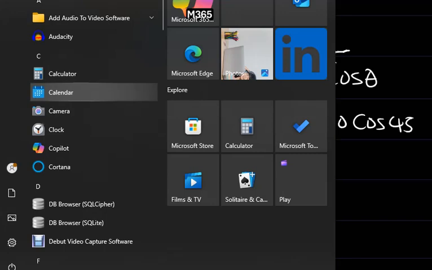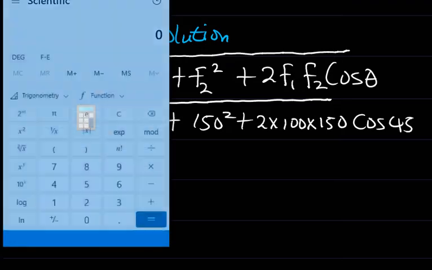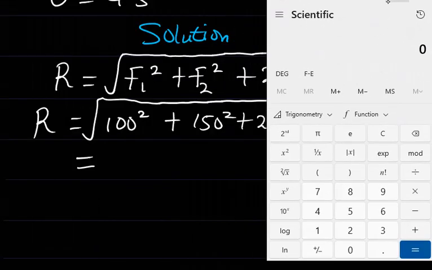Okay, let's calculate now. 150 squared is 22500, then plus 100 squared, which of course is 10,000.